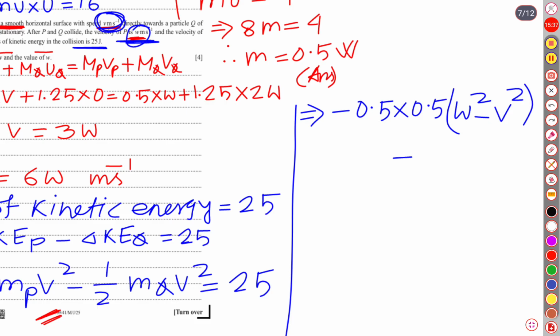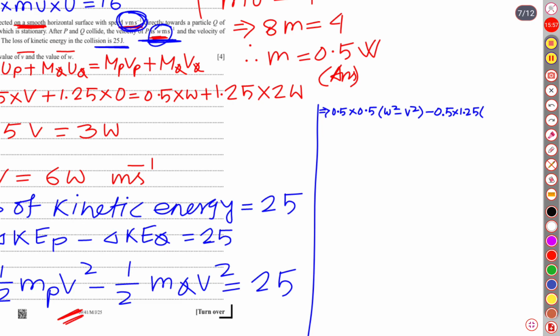minus the second one also goes, so half is 0.5, so 0.5 into mass of particle q was 1.25, and final velocity of q was, let's see what was the final velocity of q.